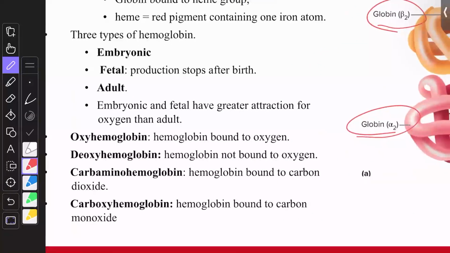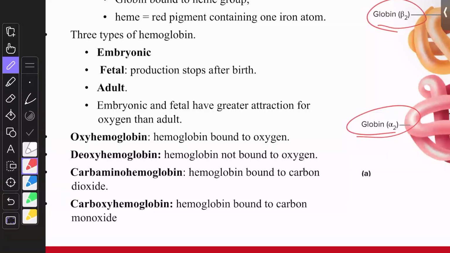Okay. Now, hemoglobin is a funny little molecule. It can carry oxygen. It can carry carbon dioxide. It can carry neither. If it's empty, it's just empty. Now, because of that, a single hemoglobin molecule can be called a number of different things. Okay.